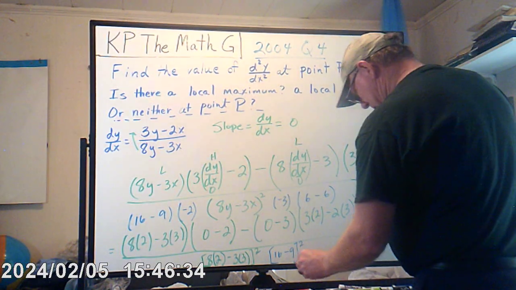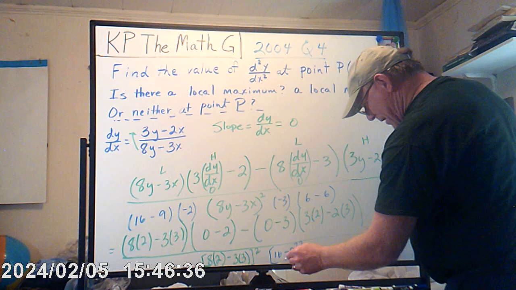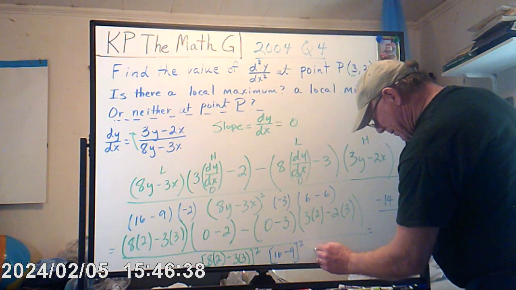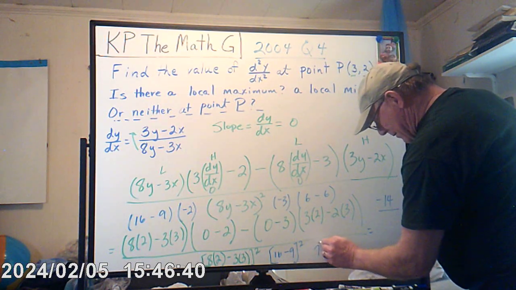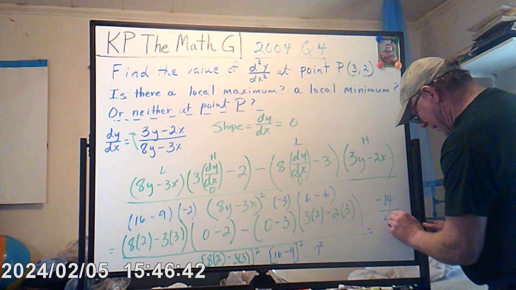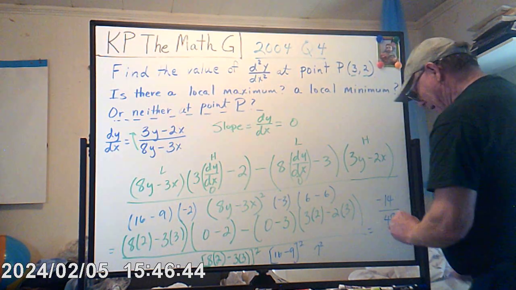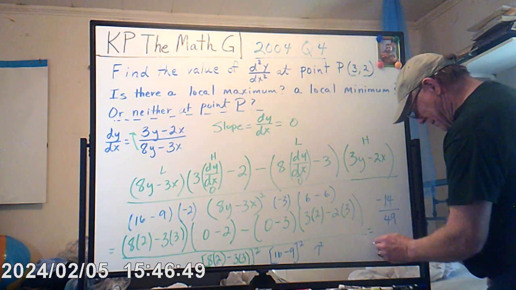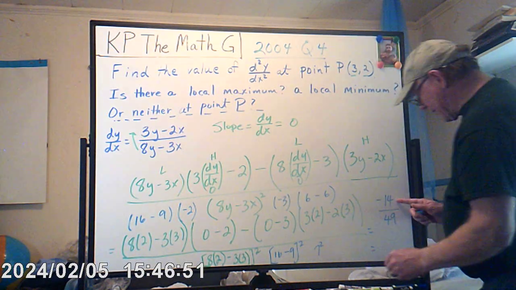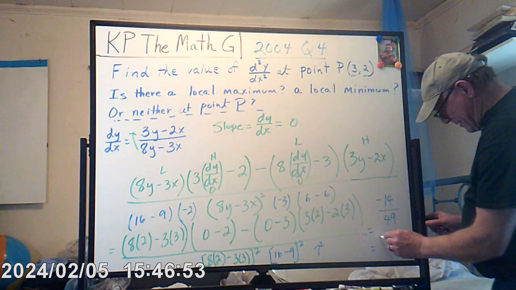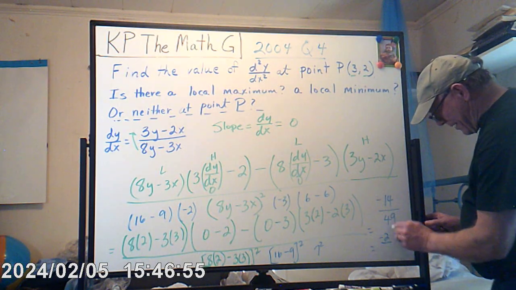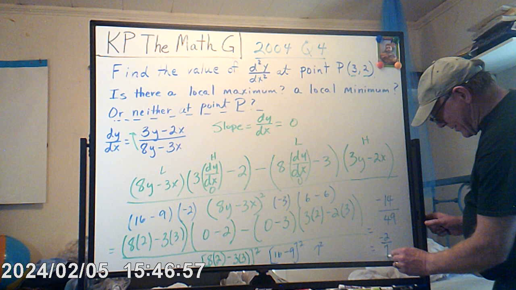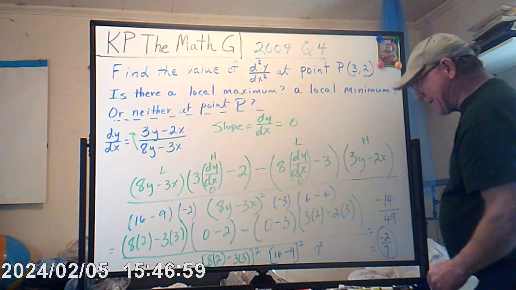Over 7 squared. This is 7 squared. 7 squared is 49. And whether we reduce this or not, we can. 7 goes into 14 2 times, so negative 2. 7 goes into 49 7 times, and that's exactly what we got here.